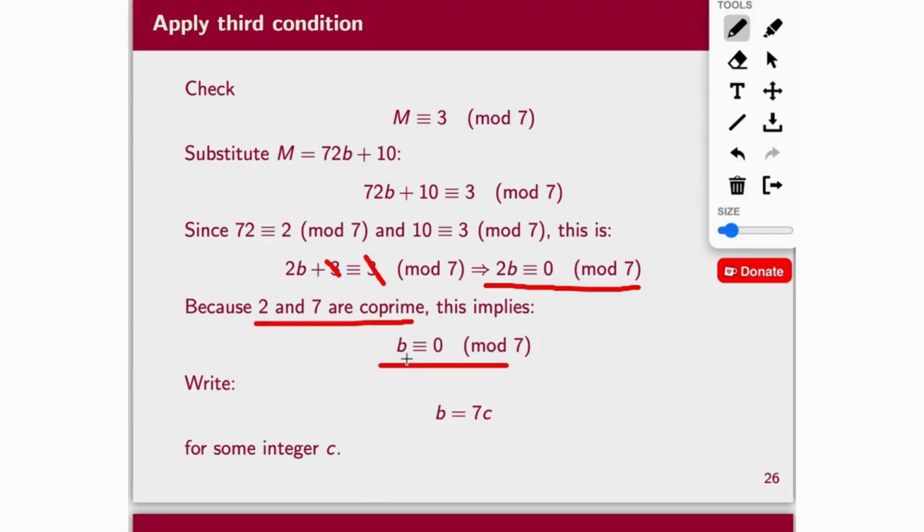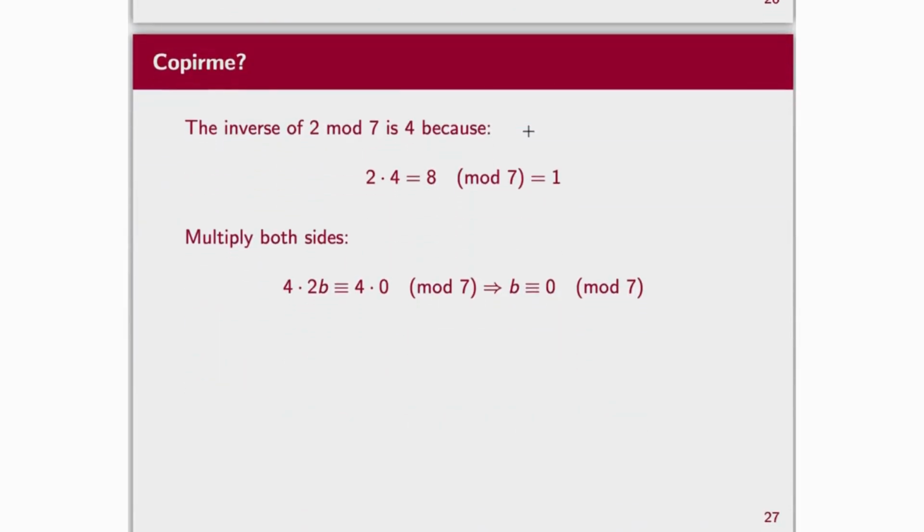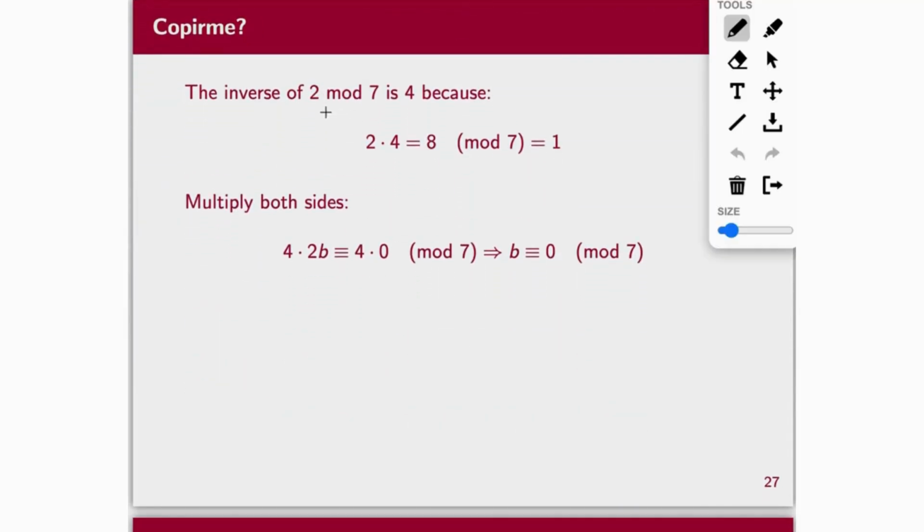And so we get B is congruent to 0 mod 7, which can be rewritten as B is equal to 7C. Why is that? Well, because they are coprime, the inverse of 2 mod 7 is 4, because 2 times 4 is 8, and 8 mod 7 is 1. And we always want our coefficient to be 1. So let's multiply both sides by 4.